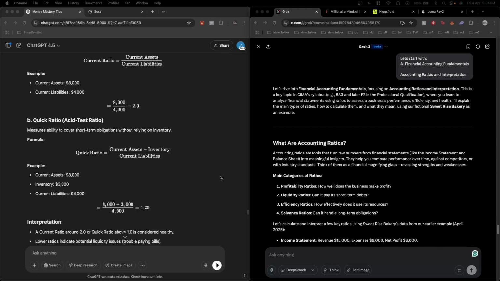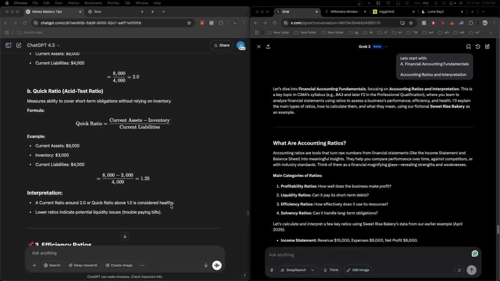Going on to the same example as above, but this time we have an inventory sum of $3,000. Applying it to the quick ratio equation, we have 8,000, which is your current assets, minus $3,000, which is your inventory, divided by 4,000, which gives us 1.25.